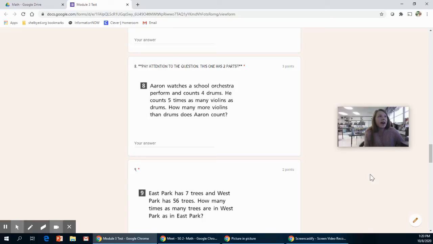He counts 5 times as many violins as drums. How many more violins than drums does Aaron count? So the first step is to solve for how many violins. Do that first.